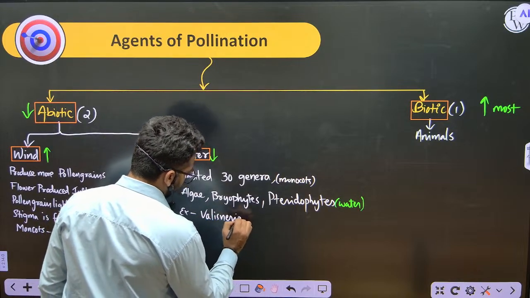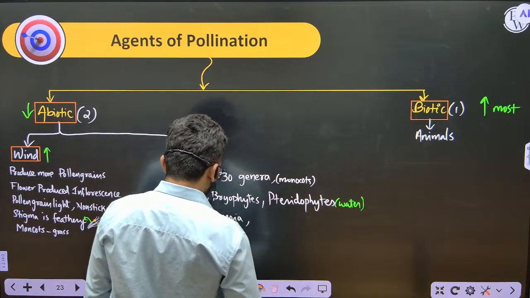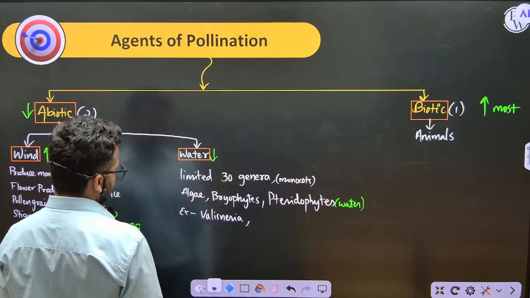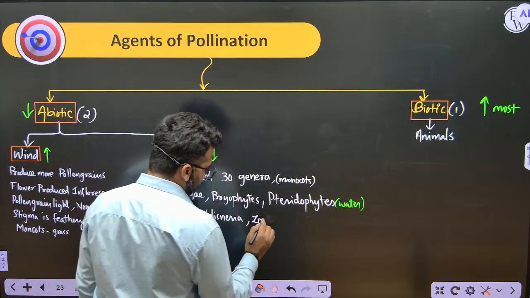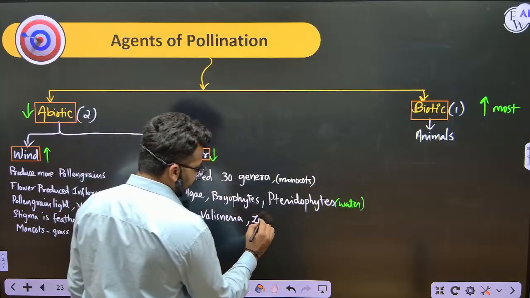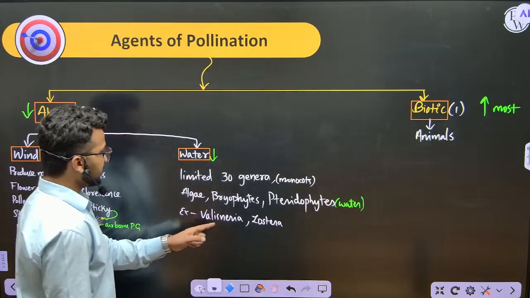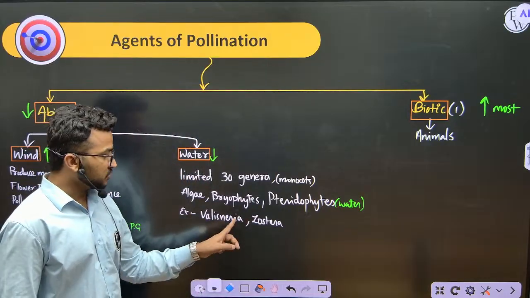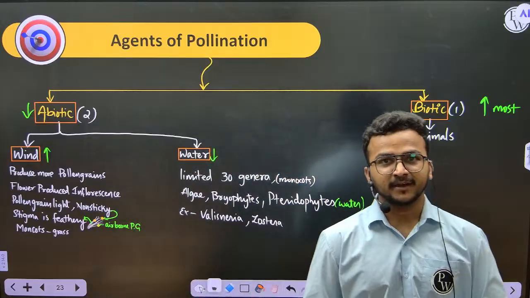Vallisneria is a freshwater plant, and Zostera is a marine plant, where water pollination is shown in these two species. And one more important line is given there.